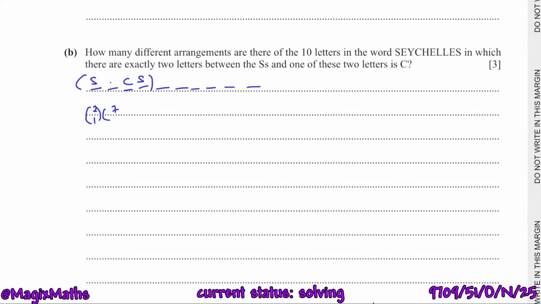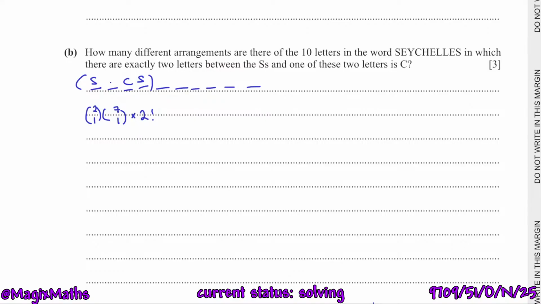Wait, one of these 2 letters is C, but that doesn't mean that it can't be 2 C's. So we have 7 more letters to spare. 7, we choose 1. I think that's 7, right? And then we times 2 factorial, because their locations can interchange.